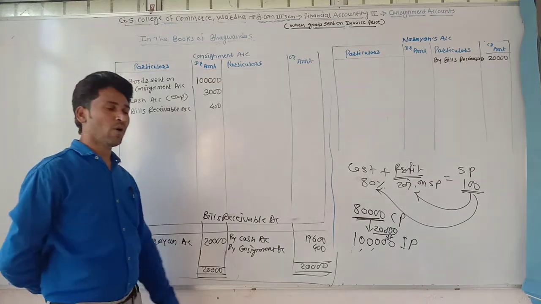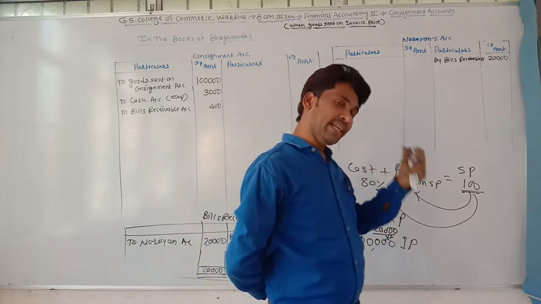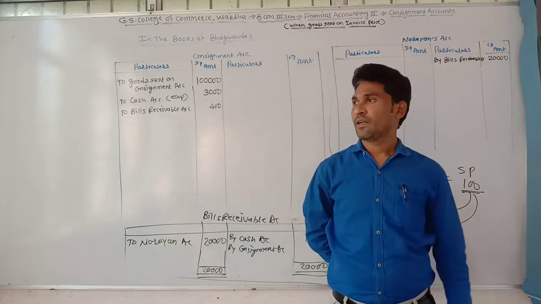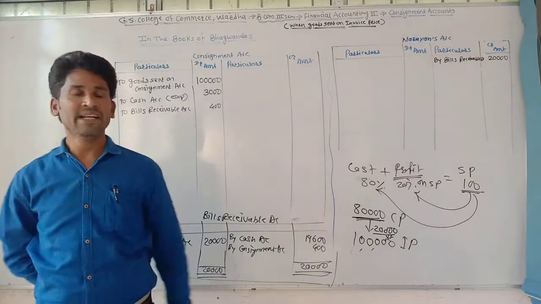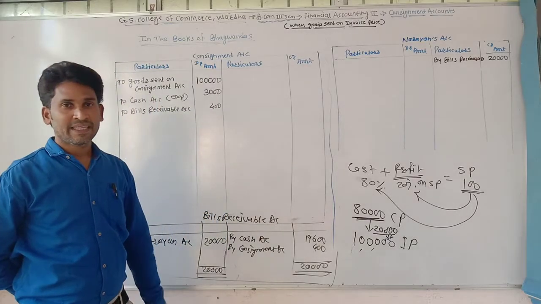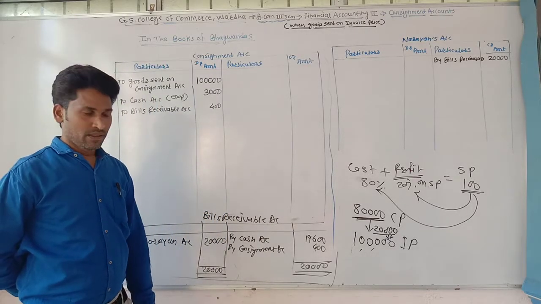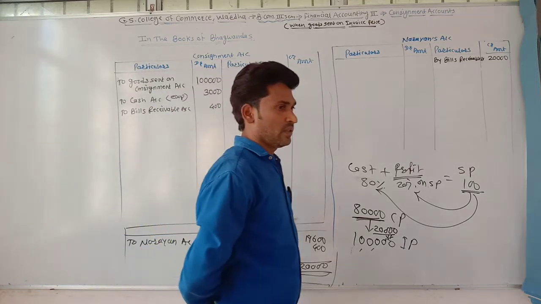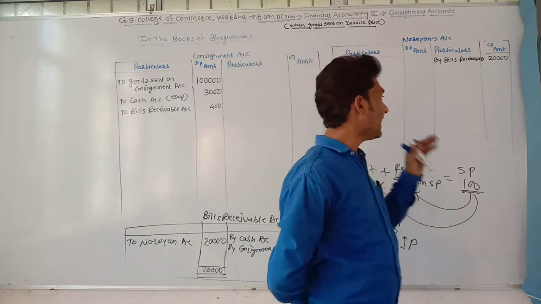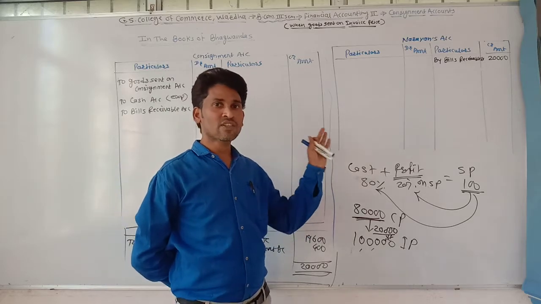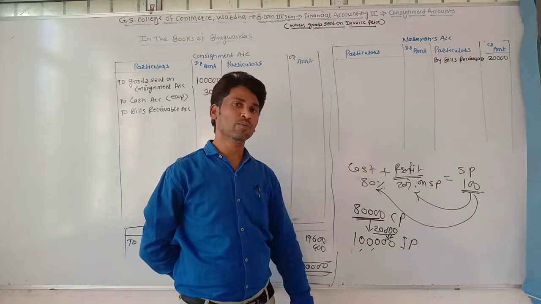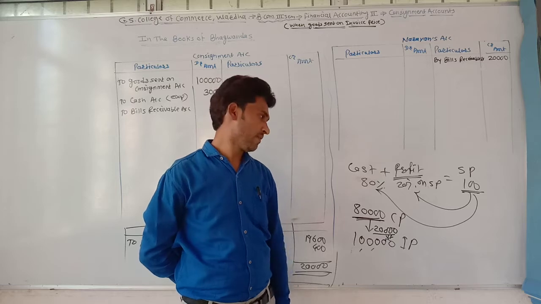Narayan got the delivery of the goods, and at the end of the financial year, when he sent the account sales, it showed what had been sold. Narayan had sold 3/4 of the goods for rupees 80,000.